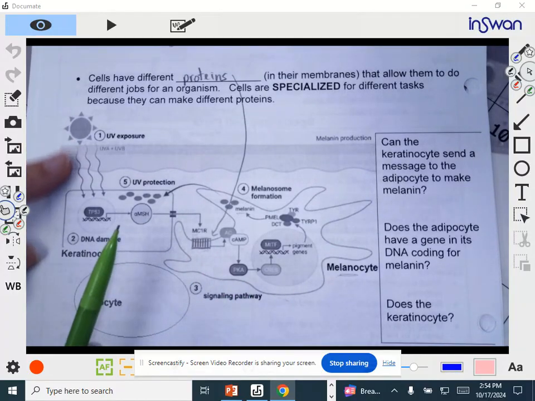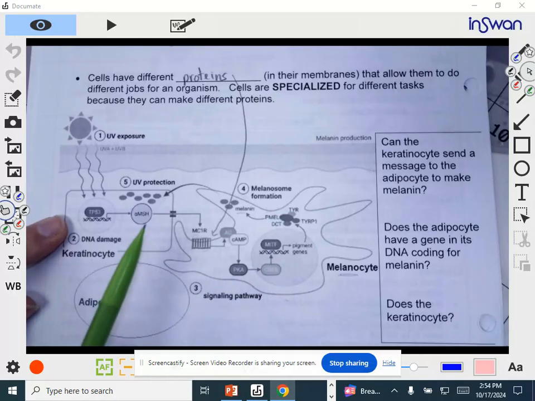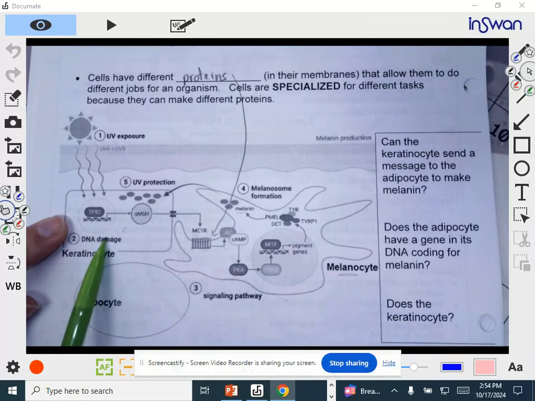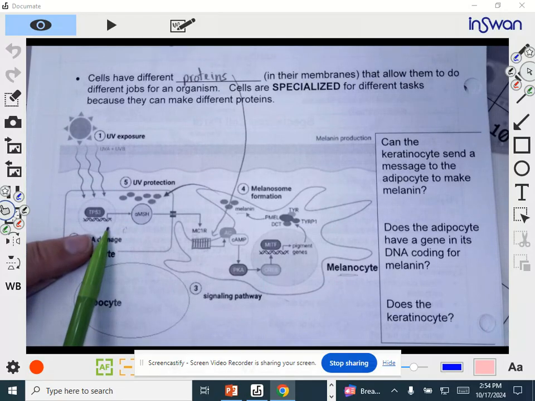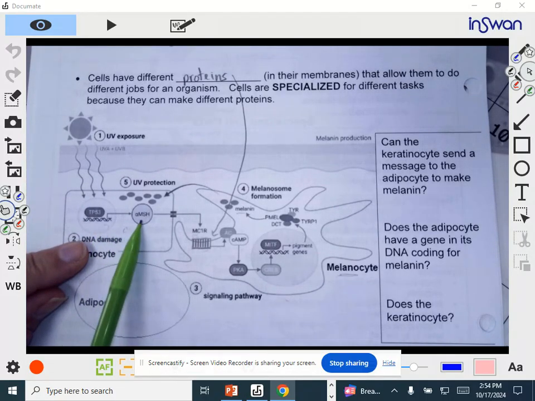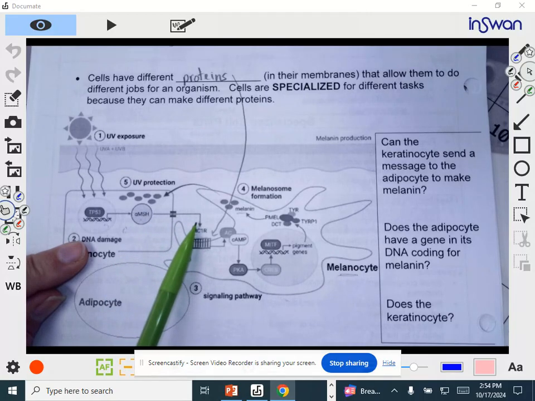If you look at this process, you can see that this cell itself doesn't make the melanin. It receives the sun's rays, and that can cause it to produce a molecule, and that molecule can travel outside and hook onto one of these proteins that's in the membrane of this cell.